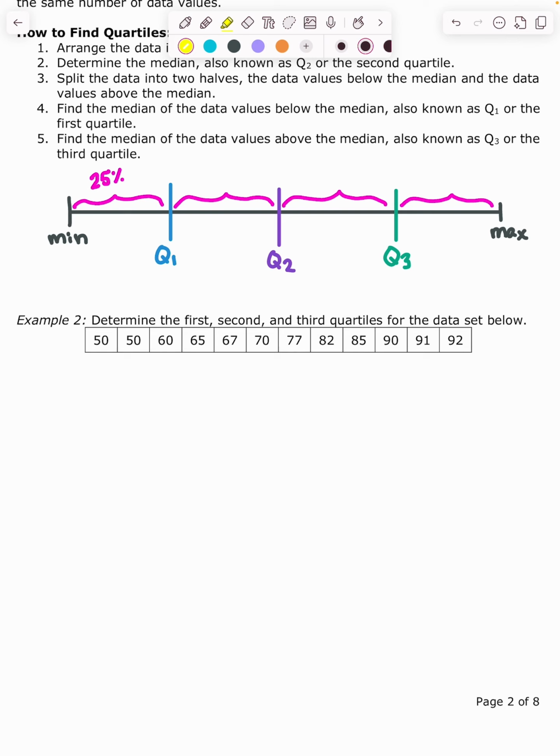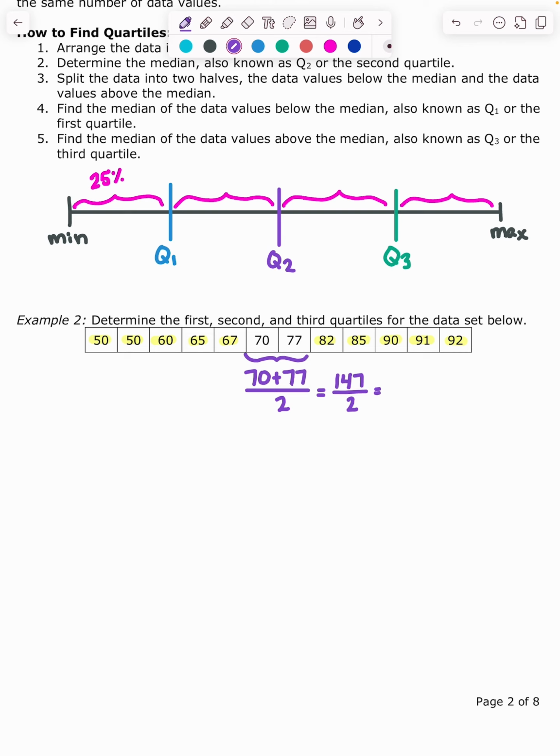I'm going to use my highlighter for this so that I can still see the numbers after I've done this. And there we go. So I have 70 and 77. So 70 plus 77 divided by 2 is 147 divided by 2, I think.